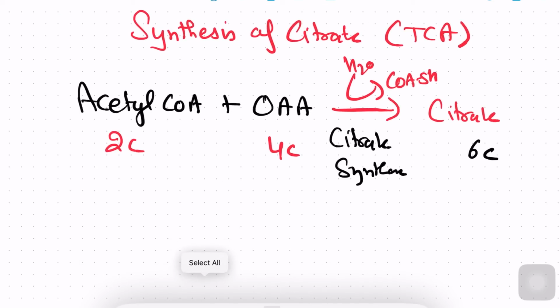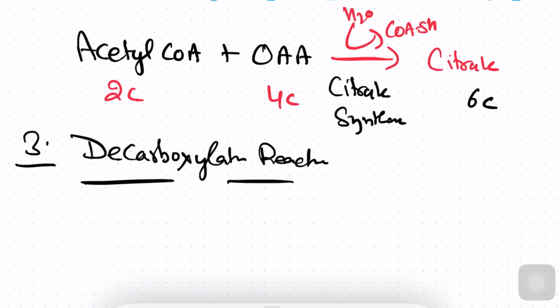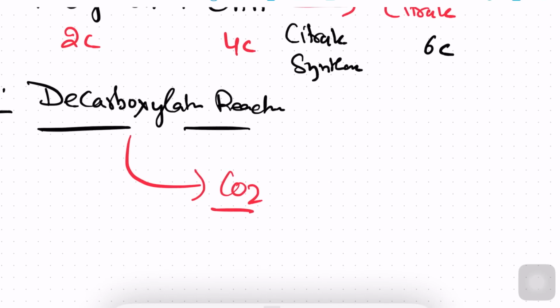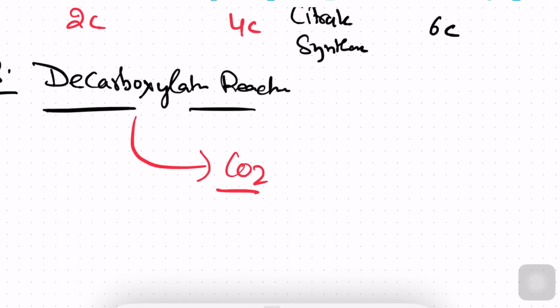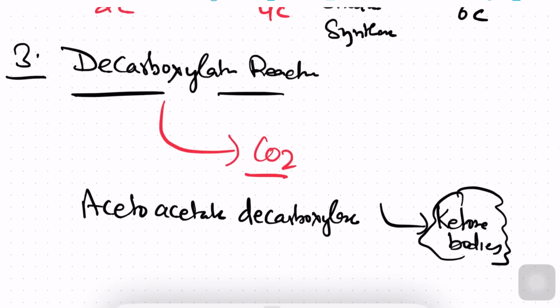Yes, within the cell you are also going to have decarboxylation reaction. In case of decarboxylation reaction, you are going to see a release of carbon dioxide. Here I just want to tell you the reaction catalyzed by the enzyme acetoacetate decarboxylase. This enzyme actually leads to the formation of ketone bodies, and we will discuss that in detail when we discuss how ketone bodies are formed.